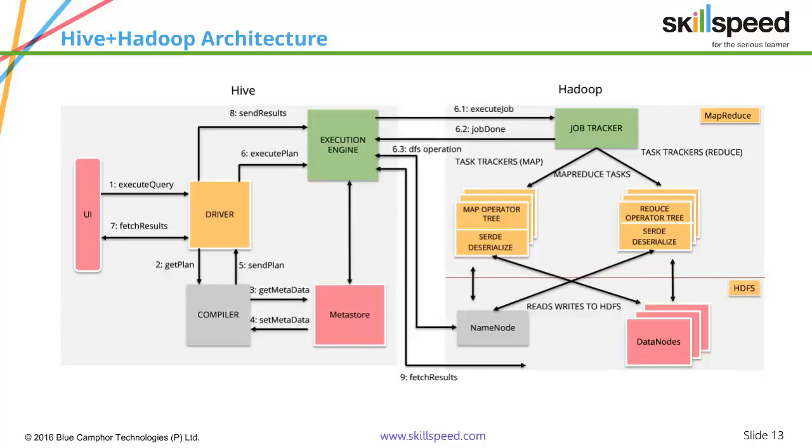The job tracker sends it to different data nodes where different tasks are performed, like mapper or reducer, along with the serializer deserializer process. The serialization process basically converts data into a binary format whenever data is transferred from one node to another node. Once the entire process is done, the result is read back and presented to the user.